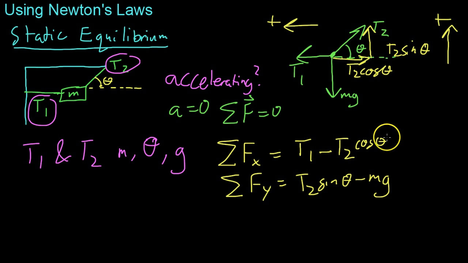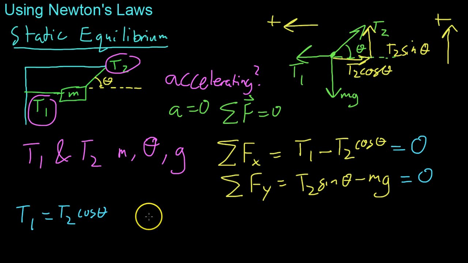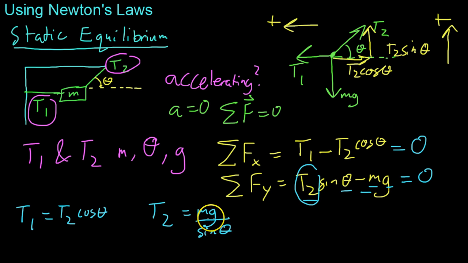Now, because it's not accelerating, we know that ma is 0, which means that both of these sums equal 0, or T1 equals T2 cosine theta. And because we don't have a T1 and a T2 in the y equation, we can solve for T2 in terms of just the universal constants theta, m, and g. So T2 equals, moving the mg over via addition and dividing through by sine theta, T2 equals mg over sine theta.